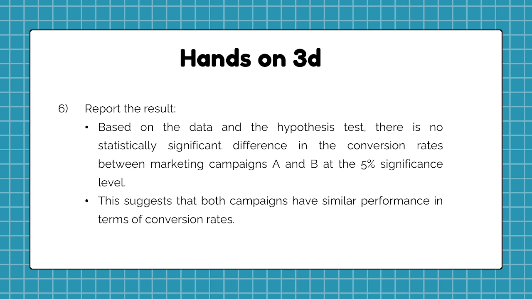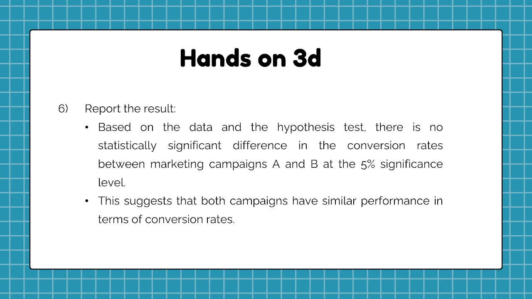So we have to report the results. What kind of result? In hypothesis testing, you must have a proper conclusion. The computed value is your statistical evidence. It is very important.